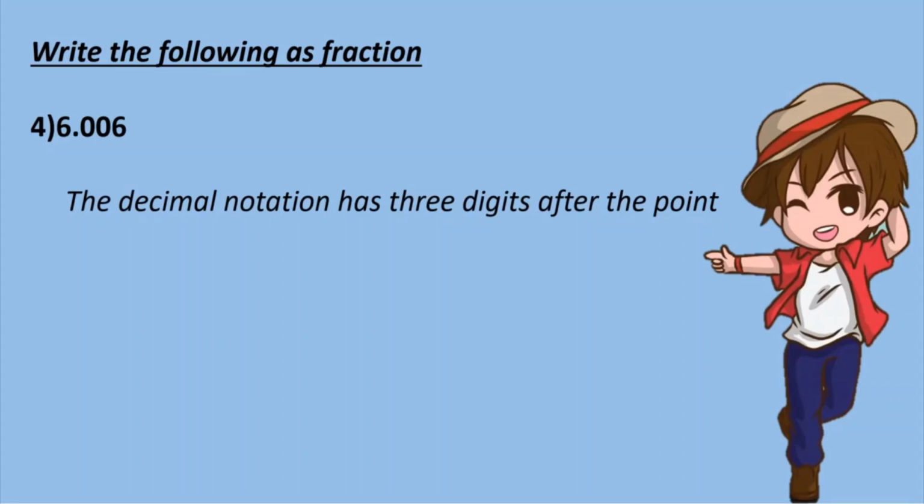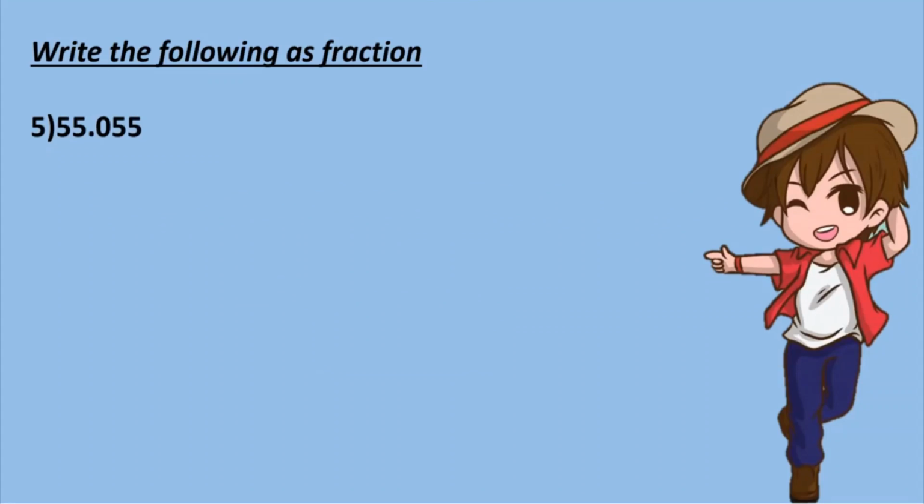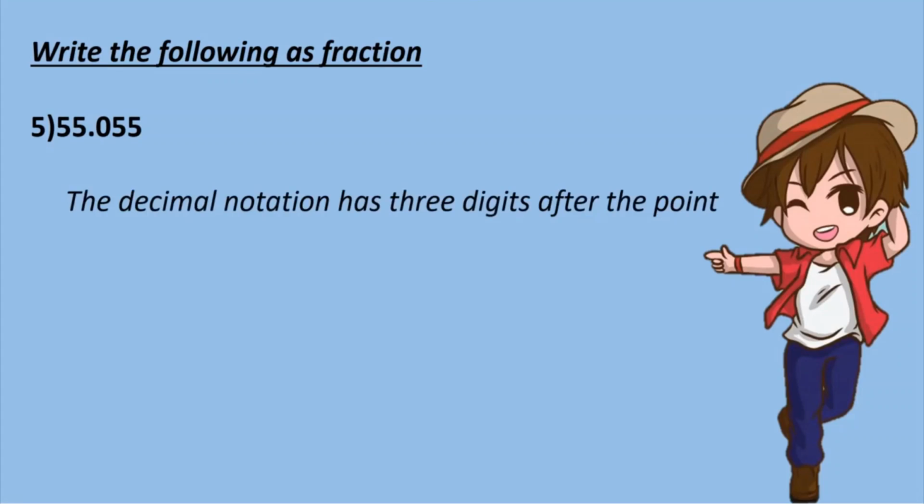So we write it as 6 and then 6 by 1000. 55.055. 55 here is the integral part or the whole number. So we write it as 55 and then 55 by 1000.